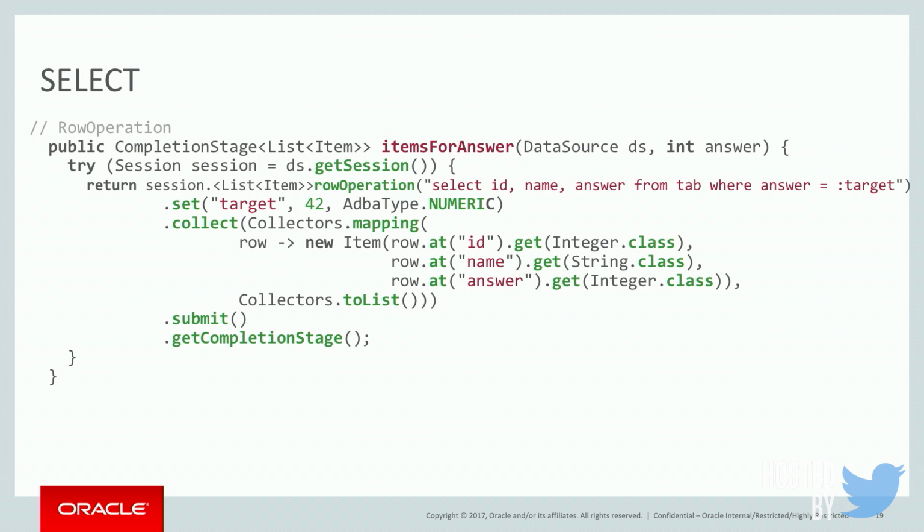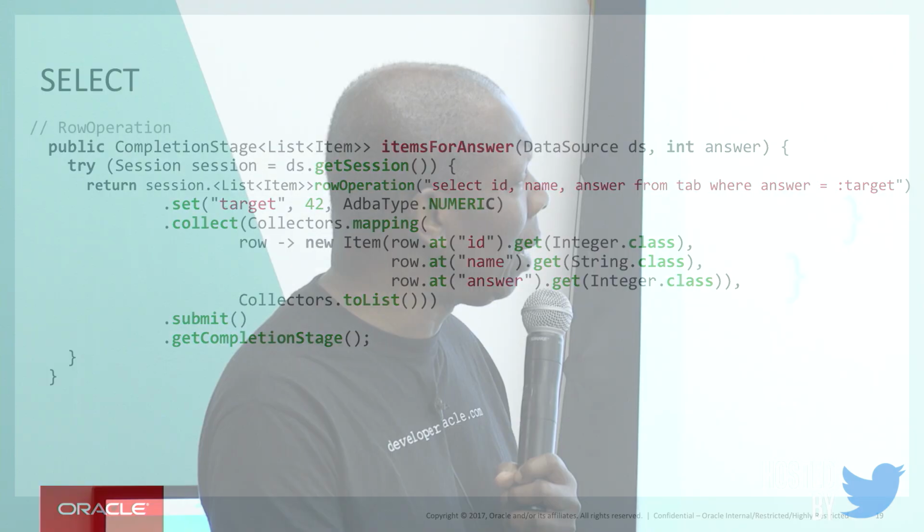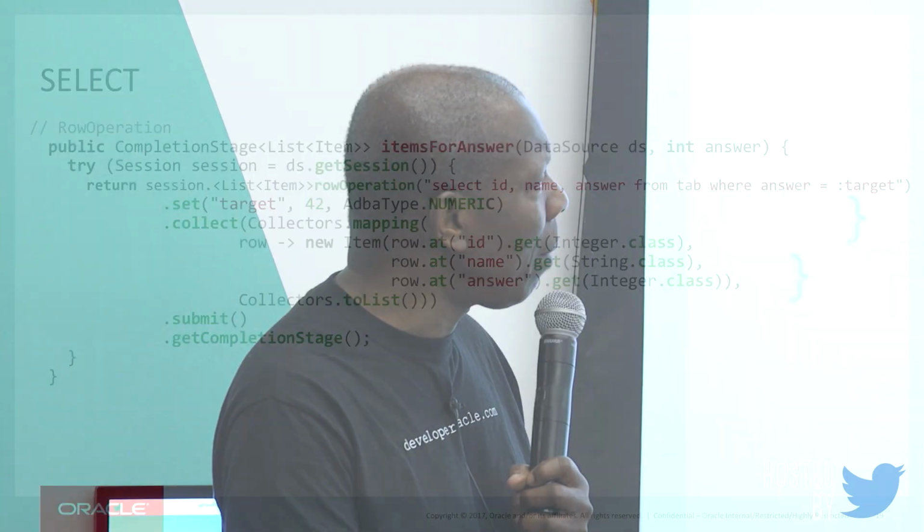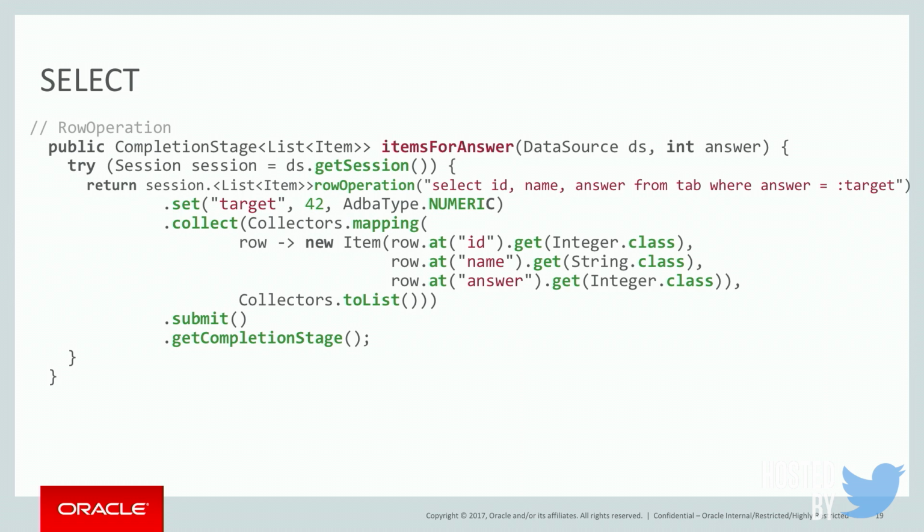And we see we set the value for the parameter target. And then we have a collector, and we're going to collect. So this is the convenience method, which uses the Java collectors, and we are mapping. This is a mapping function, which means we're going to apply it for each row.